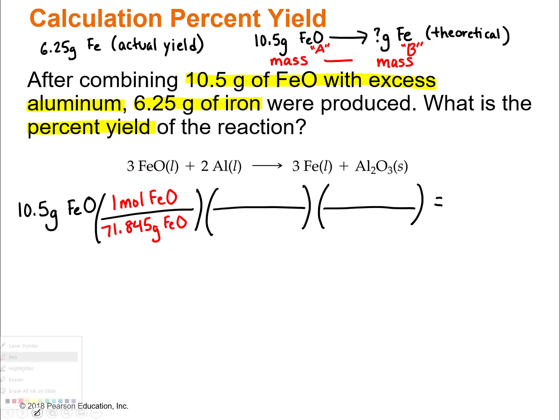The next step, we've got to write that mole ratio, and it's going to be B over A. And then finally, the molar mass of iron.